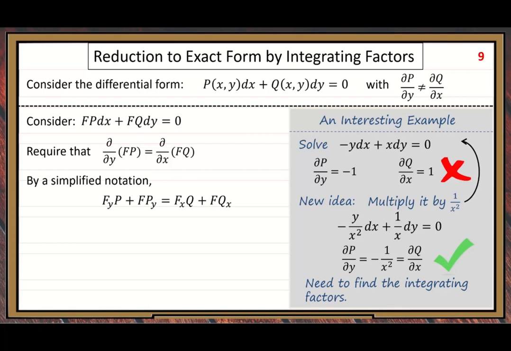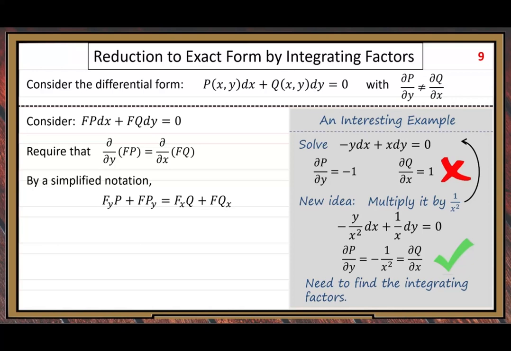But if you look at this equation, how hard is it to solve for f? Given p and q, how hard is it to solve for f? It looks not easy, right? You have four terms, and in all four terms you have f unknown.